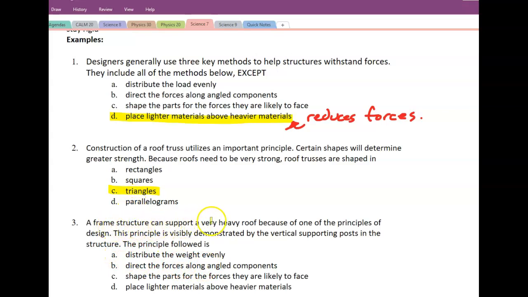A frame structure can support a very heavy roof because of one of the principles of design, which is visibly demonstrated by the vertical supporting posts in the structure. This principle followed is distributing the weight evenly here by adding the extra post.